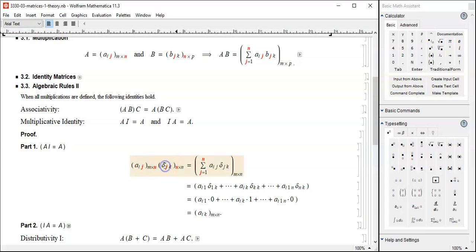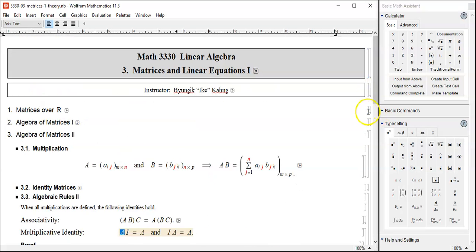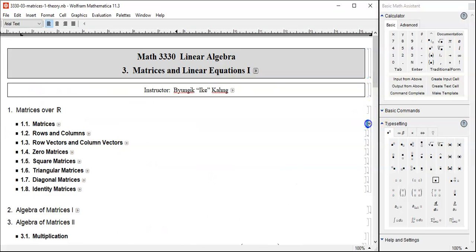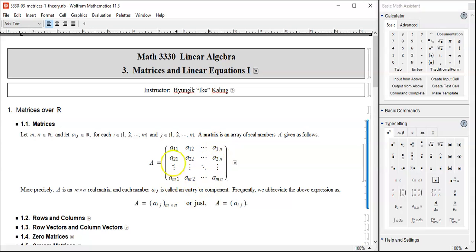A times I. So A is aij, and the size of that matrix is m by n. So this expression is completely the same as just A. This is A with a11, a12, all the way to amn, and this is abbreviated into that form, aij with the size of m by n.